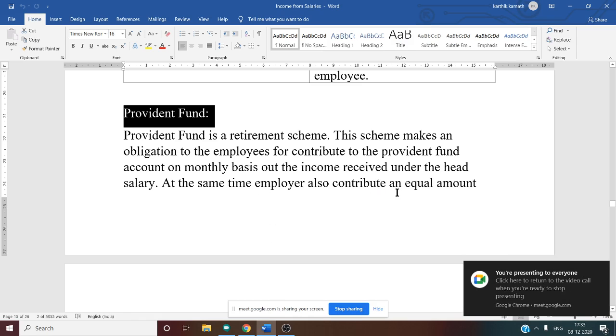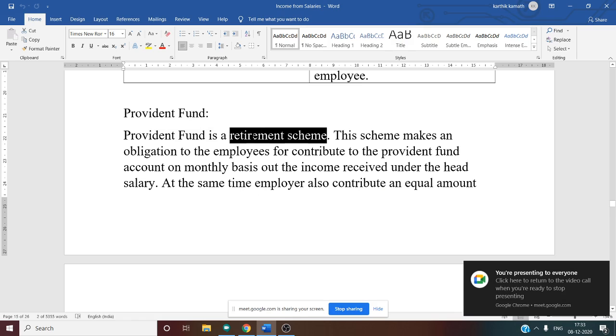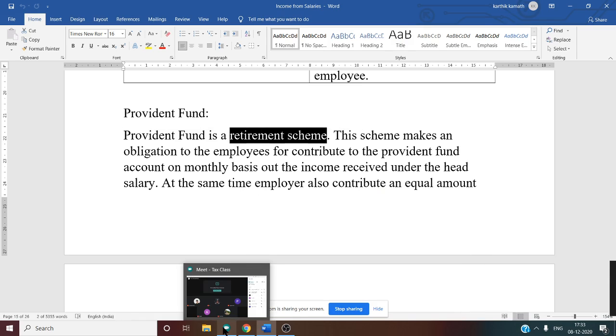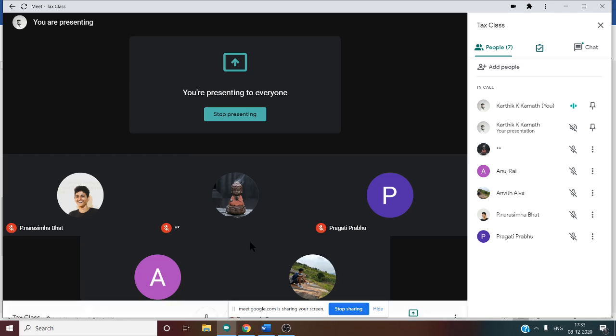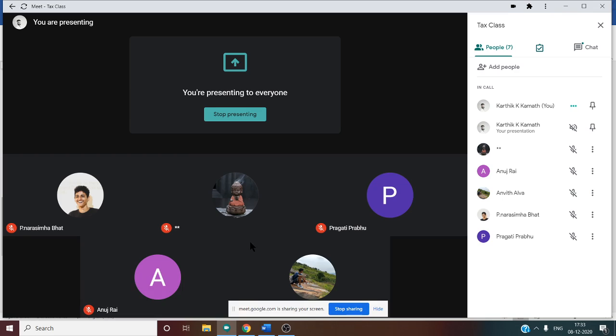Provident fund, so what do you mean by provident fund? It is one kind of retirement scheme. Now PPF is very popular, public provident fund. Under PPF, up to 1,50,000 per year you can invest, and usually the duration of the PPF is 15 years.